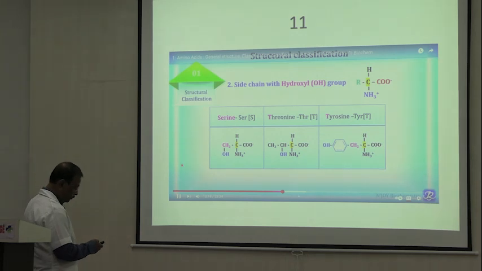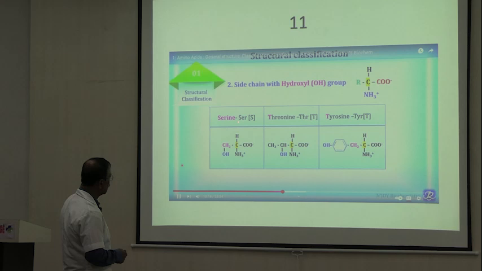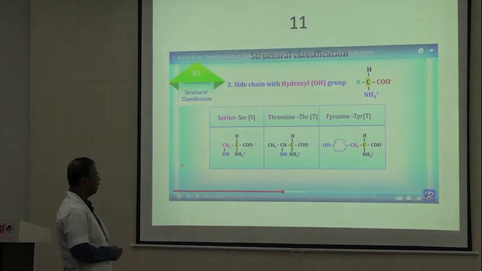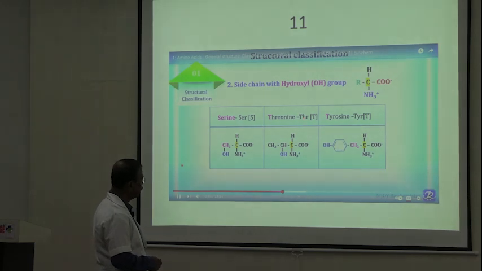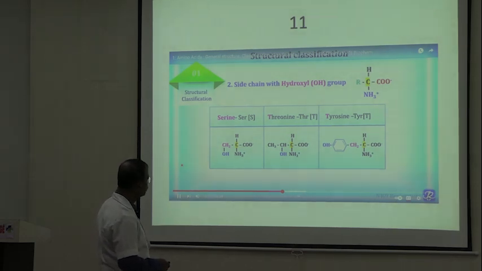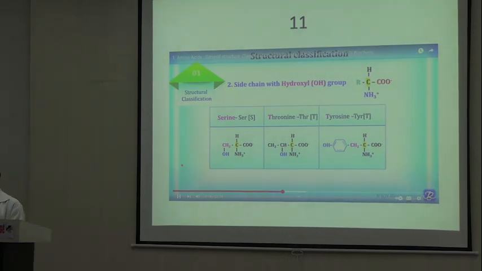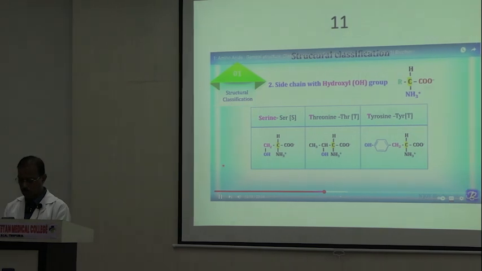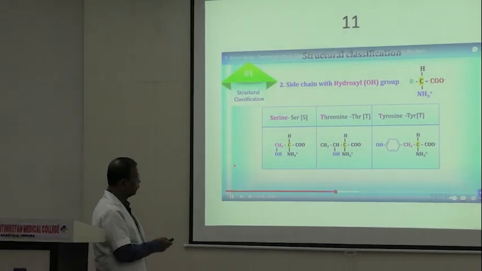These are serine, three letter SER, capital S for single letter; threonine THR, capital T for single letter; tyrosine TYR, capital Y.